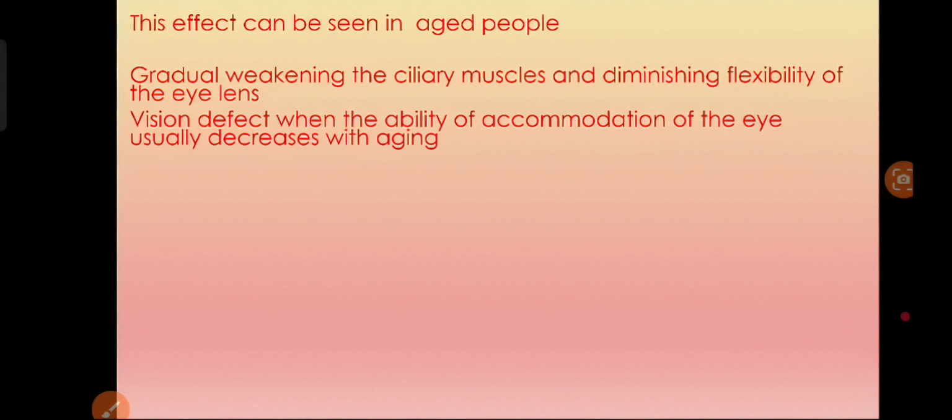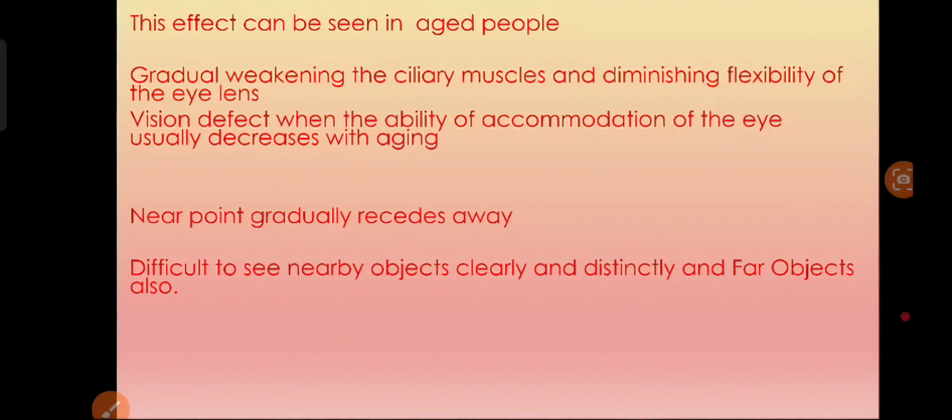It is a vision defect where the ability of accommodation of the eye usually decreases gradually with aging. The near point also gradually recedes away, and it is difficult to see nearby objects clearly and distinctly, and they cannot see the near objects and also the distant objects.